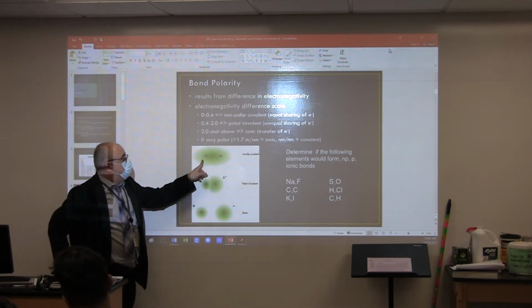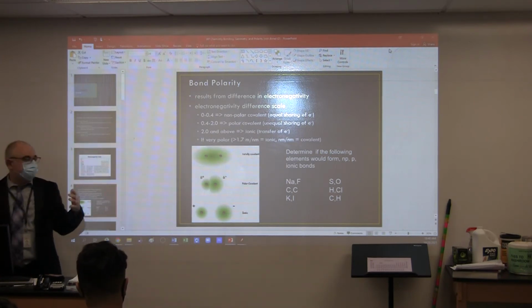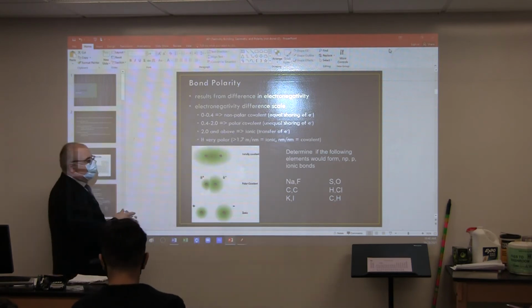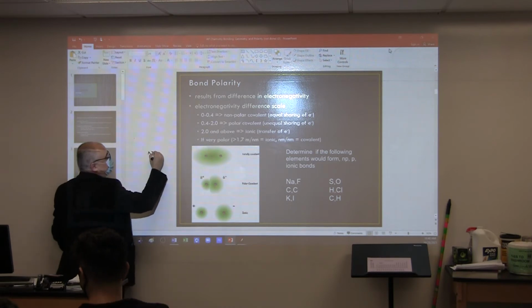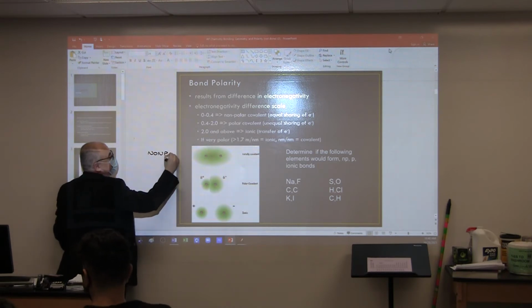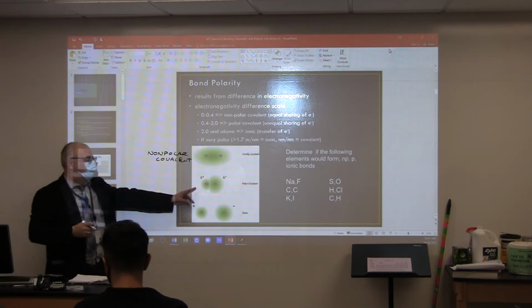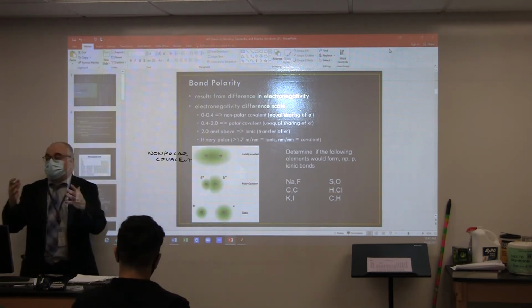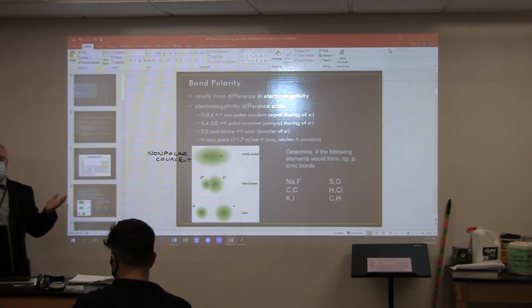If two atoms are identical in pulling power, they share electrons equally. There's a special name for that. It's not just covalent, it's nonpolar covalent. And I'll explain that in a minute. On the other hand, if you have two dissimilar atoms, like two nonmetals that are not the same, one pulls harder than the other, and we know this by the trend.